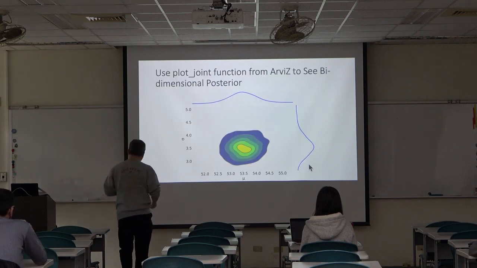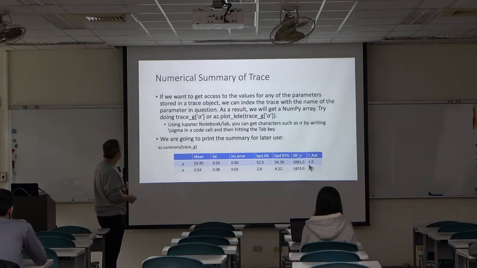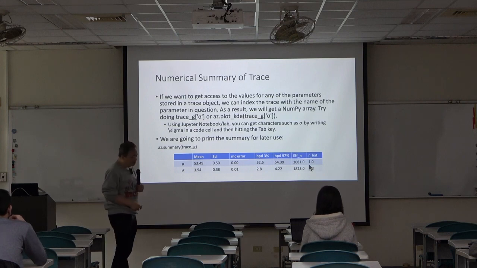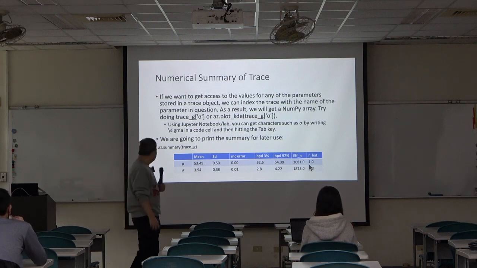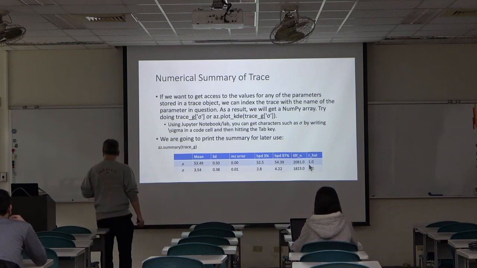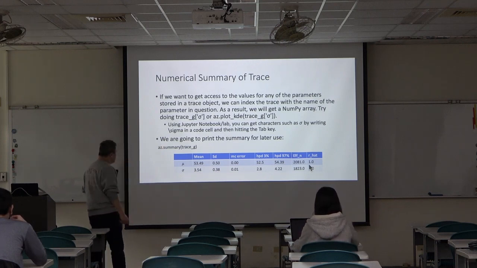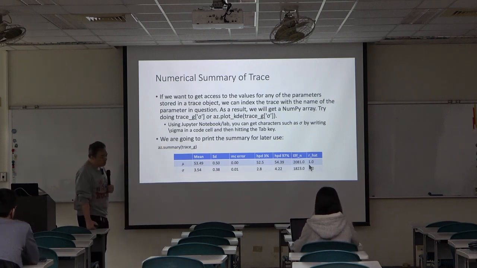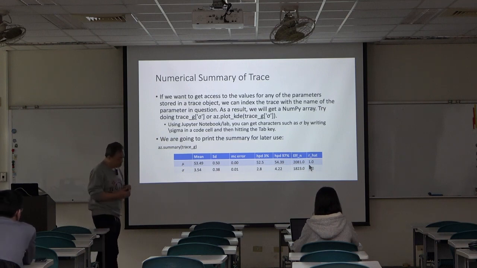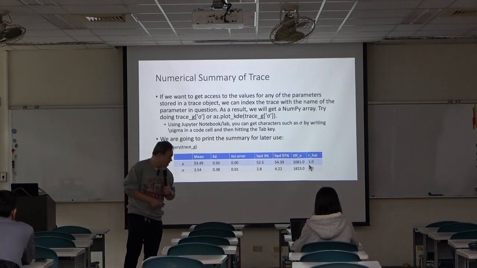We talked about this last time, but this is the summary of the posterior for mu and sigma. Of course, these represent the marginal probability distribution summary, because the whole thing is a joint probability anyway.